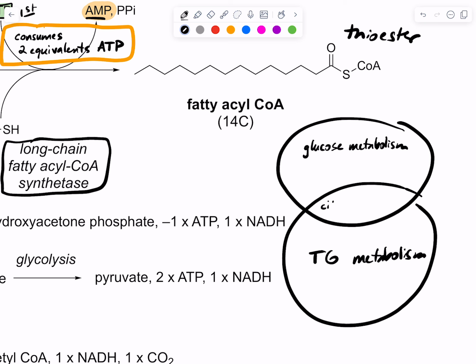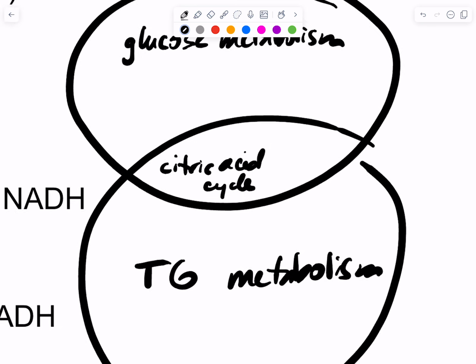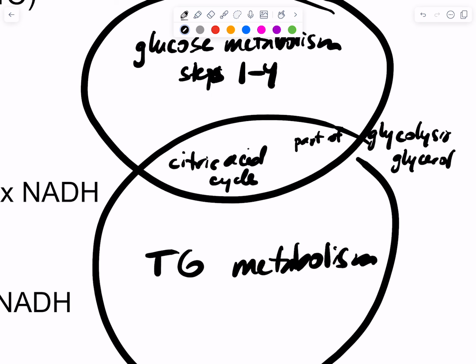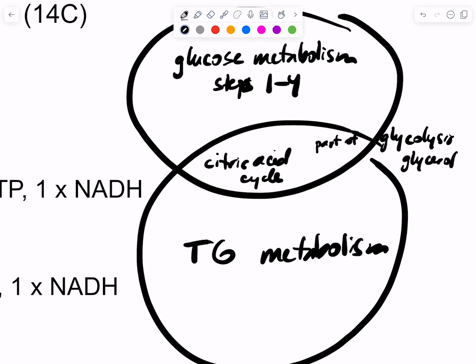One is the citric acid cycle. And then the other is part of glycolysis because of glycerol. But steps 1 through 4 are unique to glucose metabolism. Triglycerides don't take advantage of that. And then beta oxidation, and the activity of the lipase enzyme to hydrolyze the carboxylates off, that's separate. But you're right, they do funnel together into the citric acid cycle.